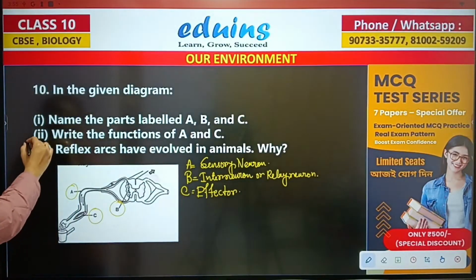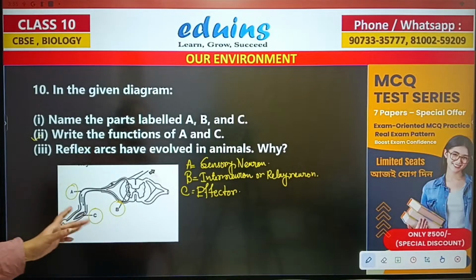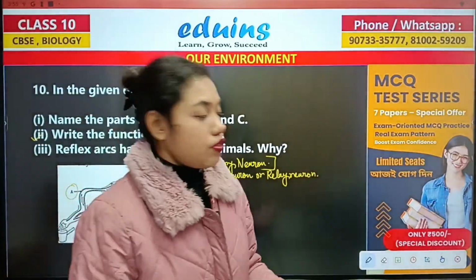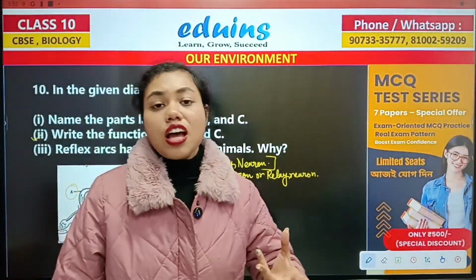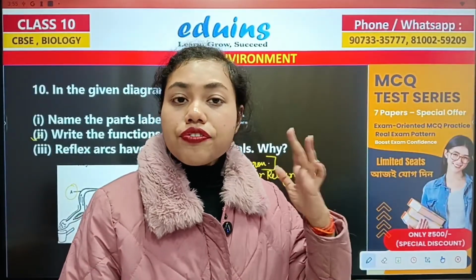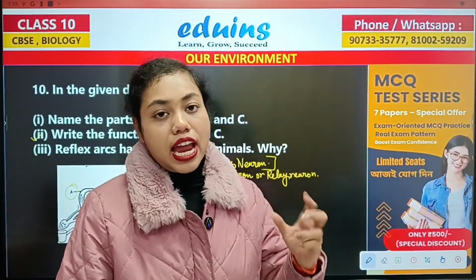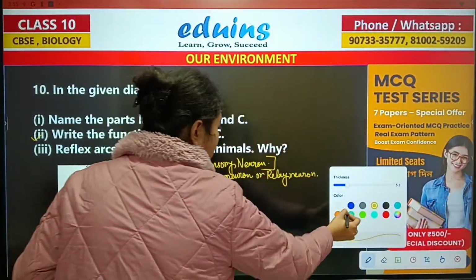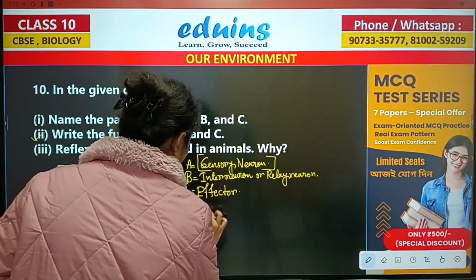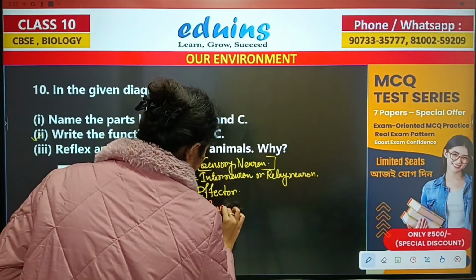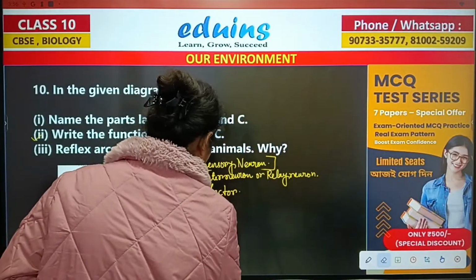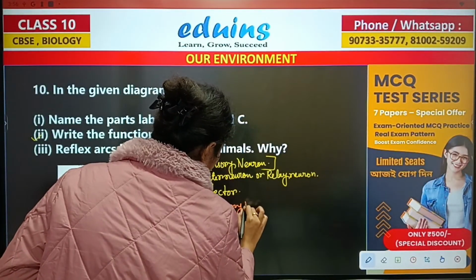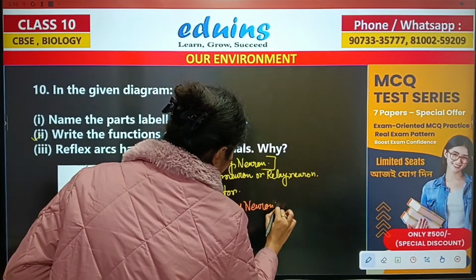Now, number 2, write the function of A and C. So, who is called the sensory neuron? Sensory neuron conducts the nerve impulse towards the central nervous system, that means brain and spinal cord. So what is the function of sensory neuron?